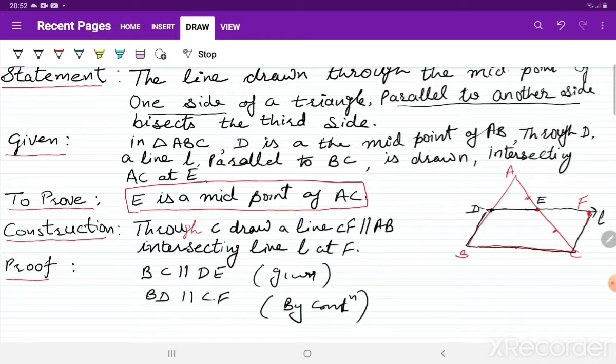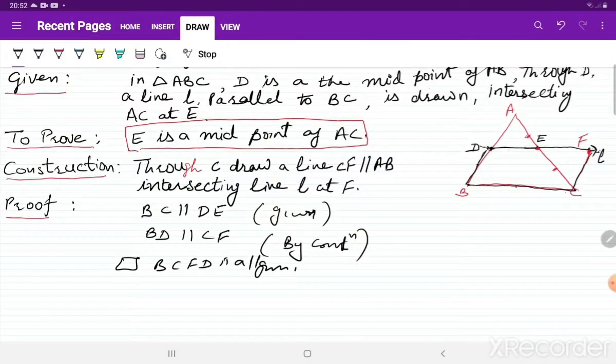If BC is parallel to DE, it will be parallel to DF also. So we can say that BCFD is a parallelogram. Quadrilateral BCFD is a parallelogram. Correct?